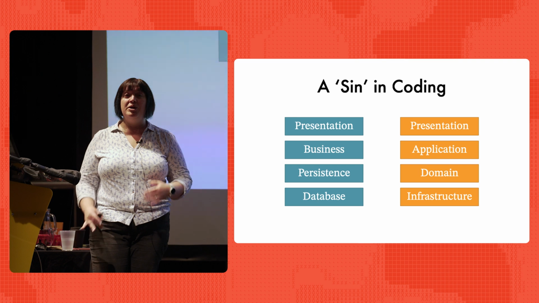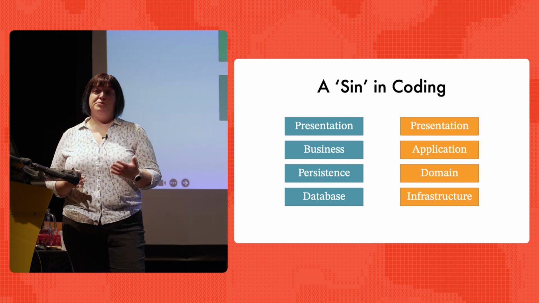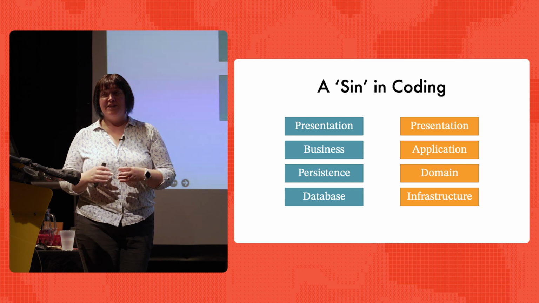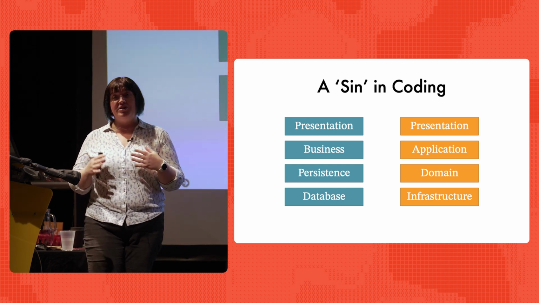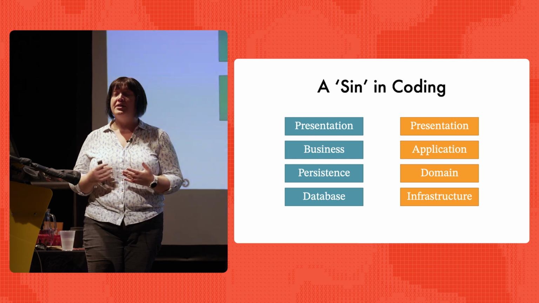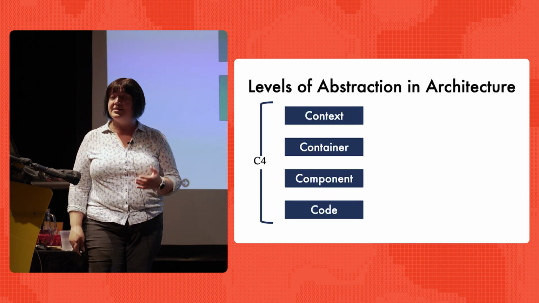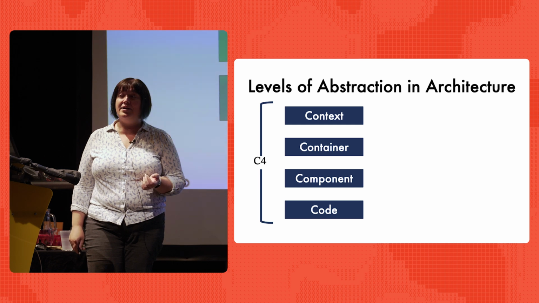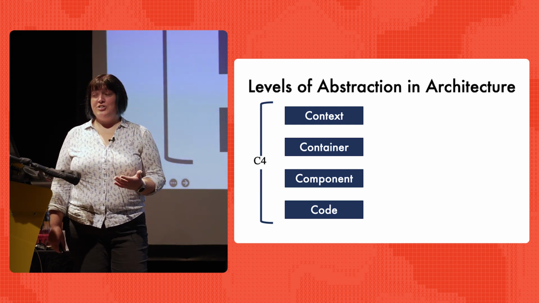And when people code, we kind of split things up into these different levels of abstraction. And maybe at some level we're doing that with distributed services. But if you're using a layered architecture, you might have something like the presentation layer and a business, persistence, and a database layer. But we should also be doing this in our architecture.